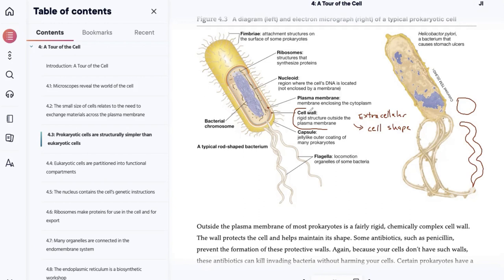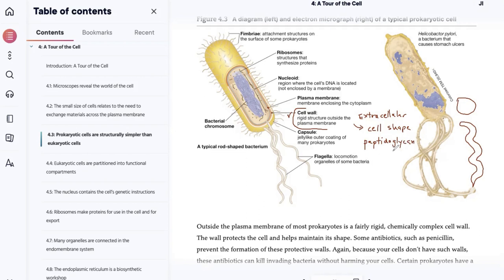Right? So the cell wall, one important structure. This is also something that is unique to bacteria, the fact that it's made out of a material called peptidoglycan. It's something you'll read about in chapter 16.